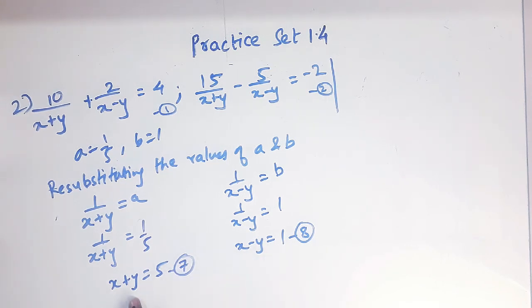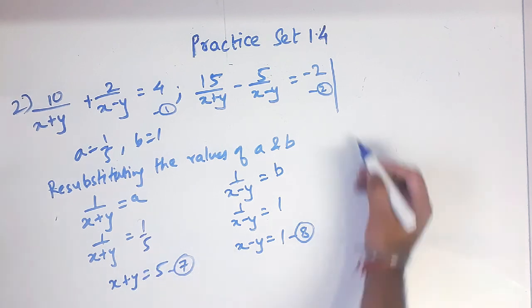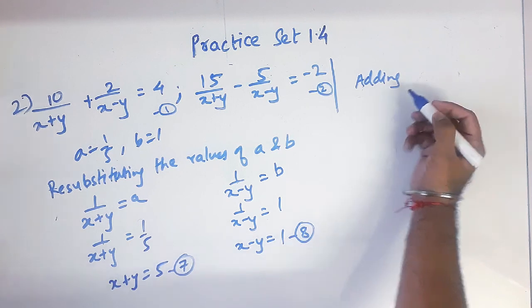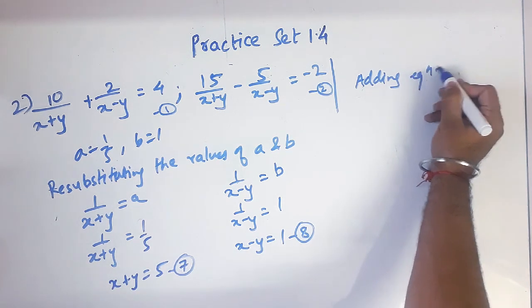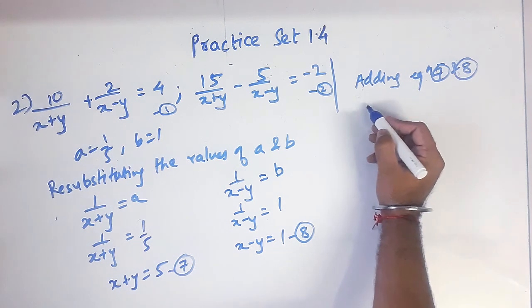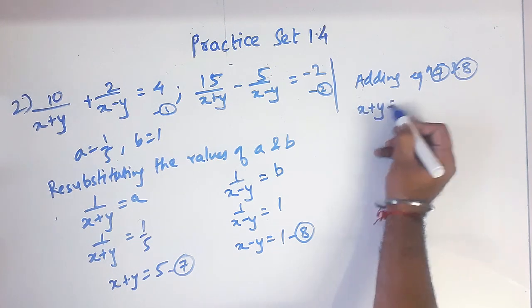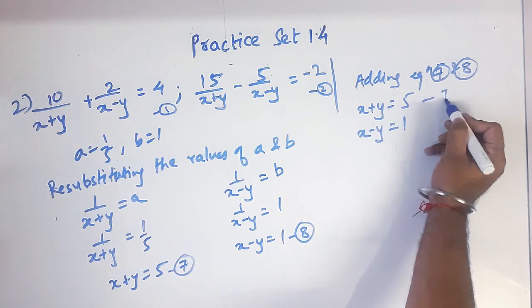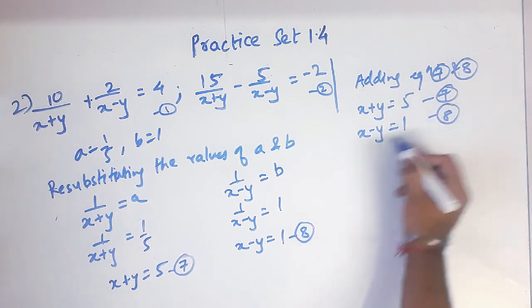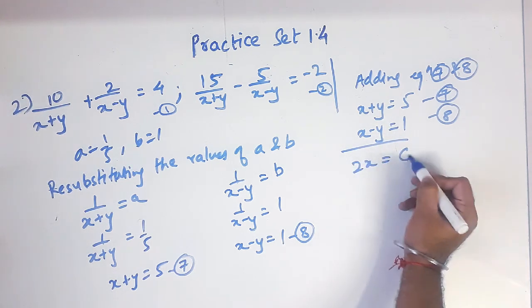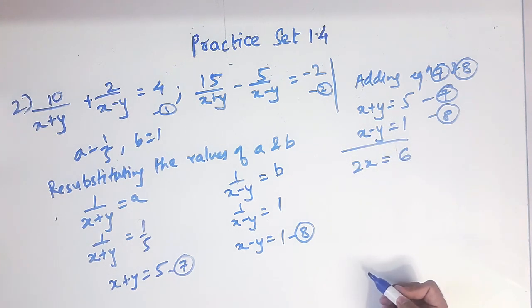So simply adding will get y cancelled. So adding equations 7 and 8, x plus y equals 5, x minus y equals 1, this is 7, this is 8. y will get cancelled, 2x is equal to 6.